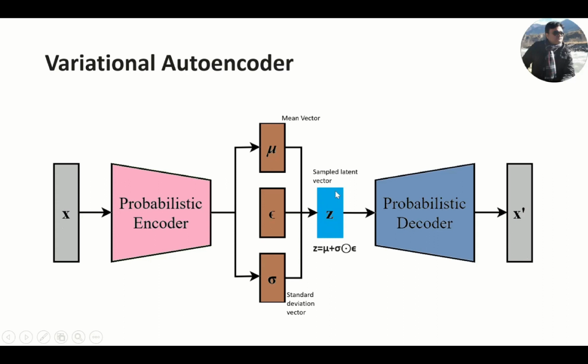So this G sample latent vector will understand the distribution of the data, and that distribution will be sampled and sent to the decoder as input. This is the way the variational autoencoder works.